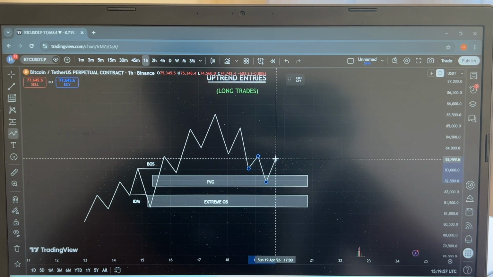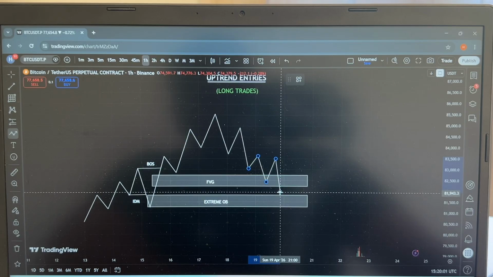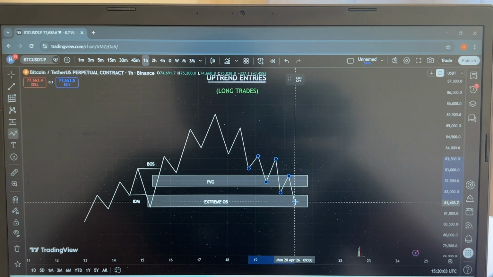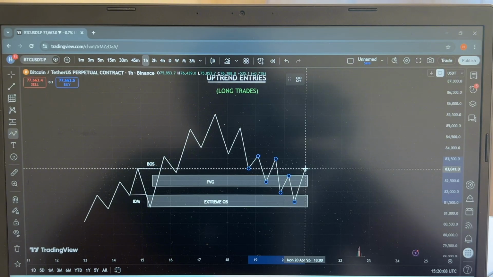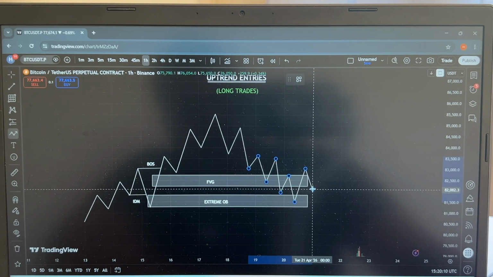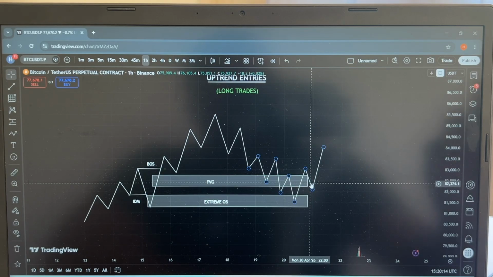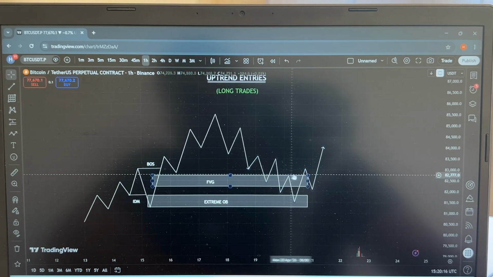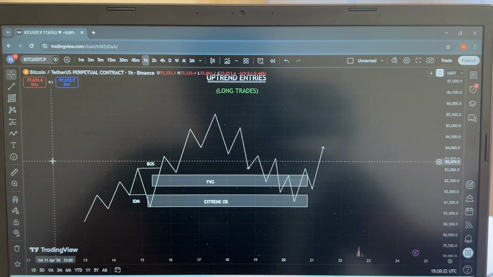It just went near, and then it went straight down. It did something like this, and only after hitting the extreme order block did it break that previous high. That is what we need to be extremely cautious about, because if we don't catch the proper trade, we are going to lose money. Always keep that in mind.